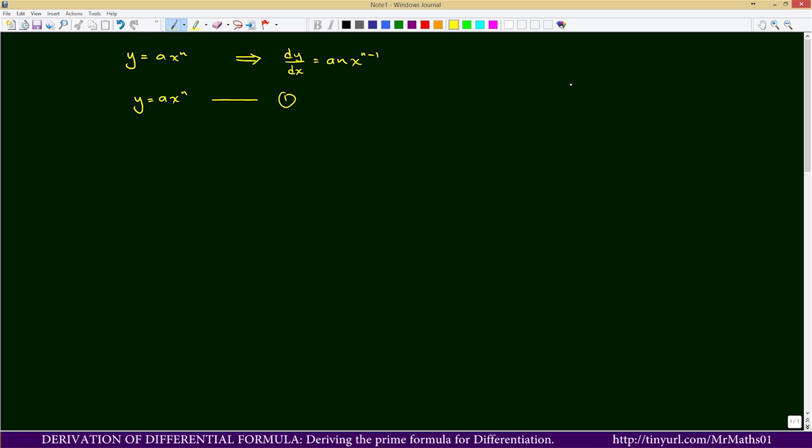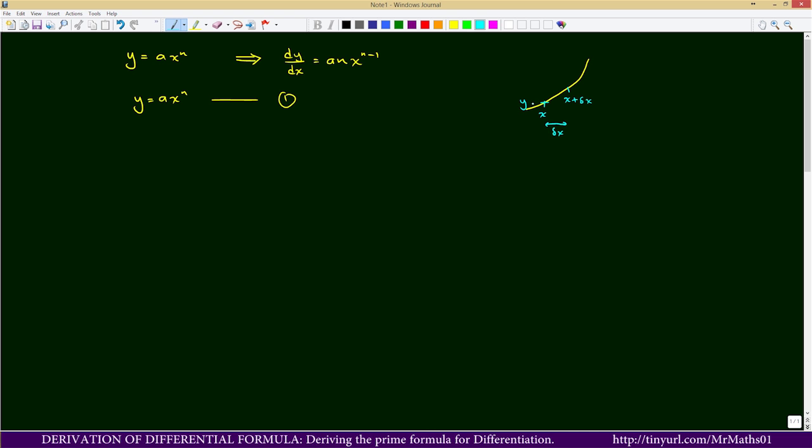If we visualize the curve of y, it probably looks like this. That's the point we call x here, and point y is the corresponding value of y for any given value of x. If we increase x by delta x, a small increase, this point is now x plus delta x.